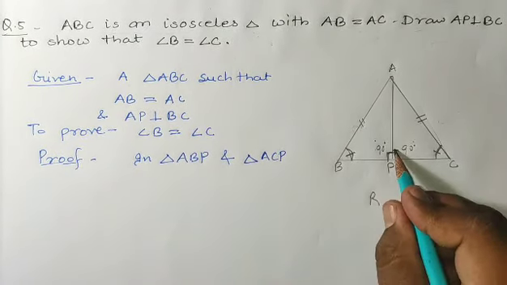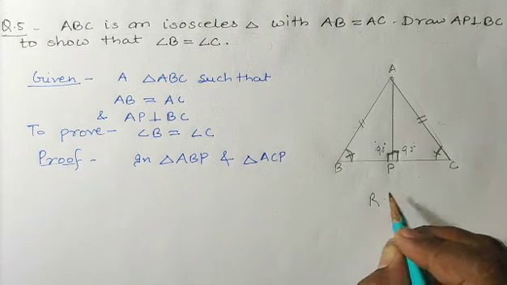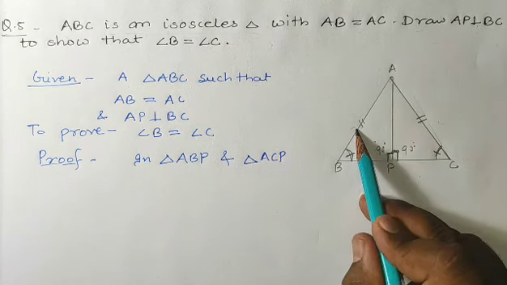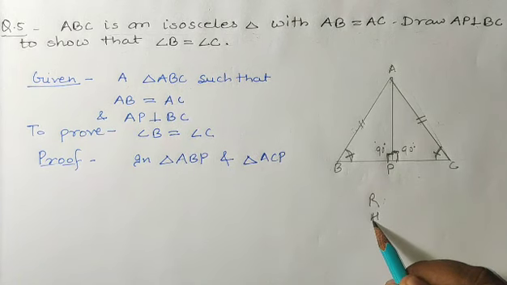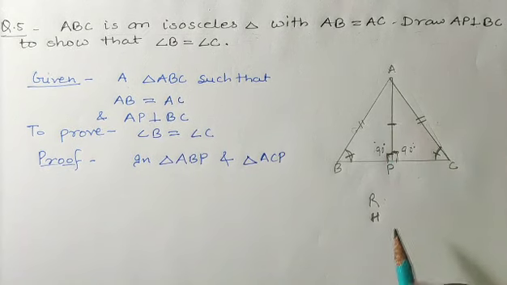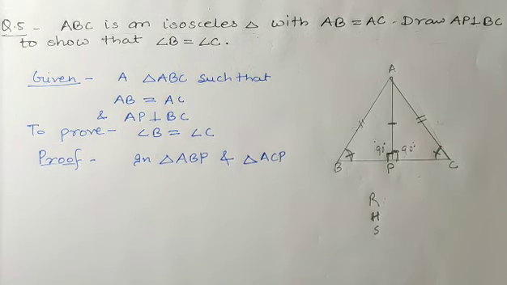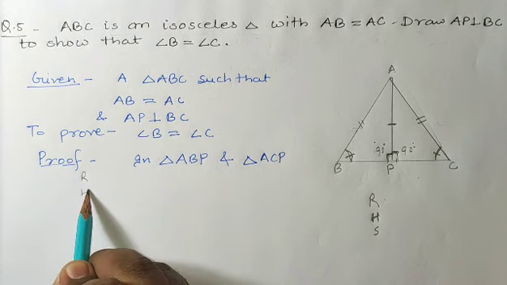In both of the triangles, one angle is 90 degrees. So firstly, we have R, meaning right angled. The opposite side of R is the hypotenuse. So here AB is equal to AC, so their hypotenuses are equal. And one pair of side AP is common. So we'll solve this question by using the criteria RHS.